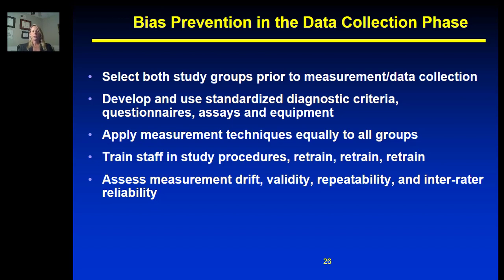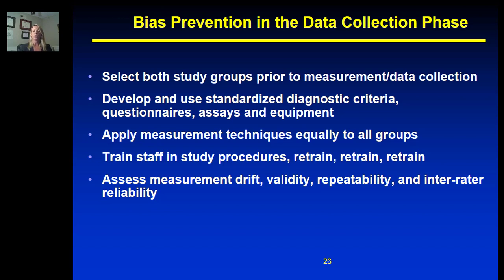It's important to train staff involved in our study collection and to test them and retest them, as well as to train and retrain. And also during the conduct of a study, particularly a cohort study that has a long period of time associated with it, it's important to look at measurement drift to assess for validity and repeatability of our collection, as well as to assess what's called inter-rater reliability, looking at the relationship in outcome measurements between individuals who are collecting data, as well as within the same individual.